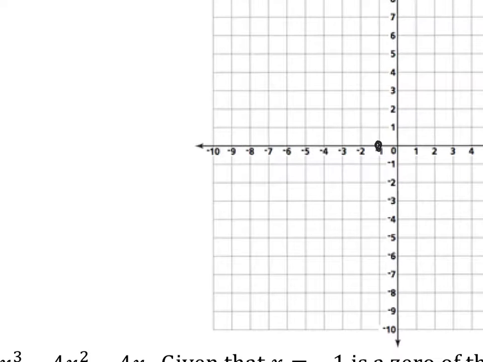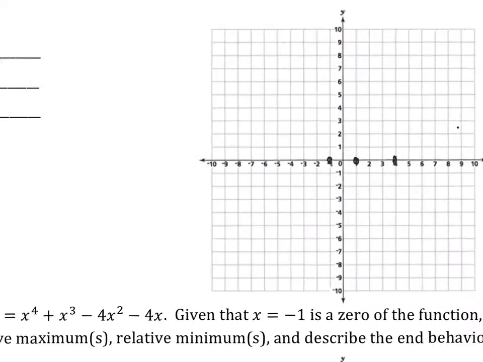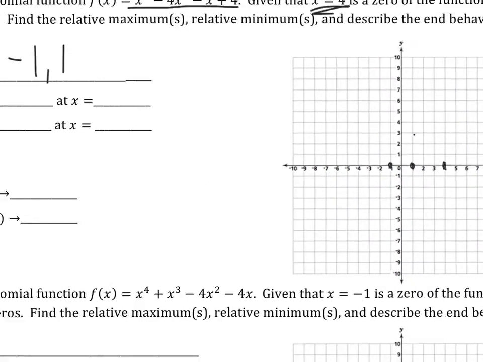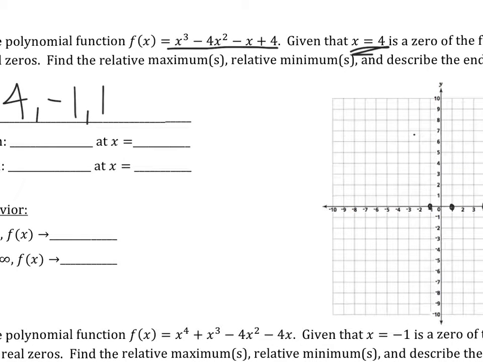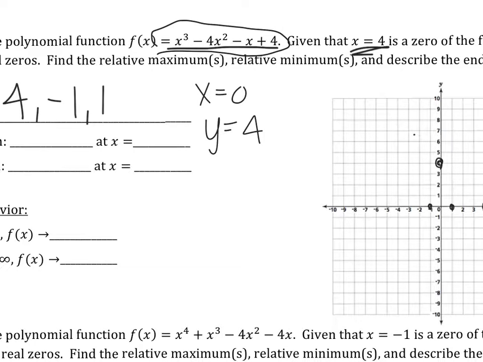Now, thinking about the function, if x is 0, what's y going to equal? Well, that's going to be 4. So I'm going to have that point there as well.